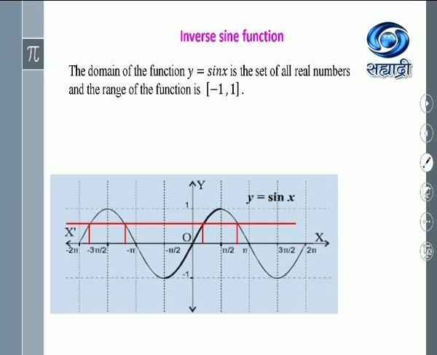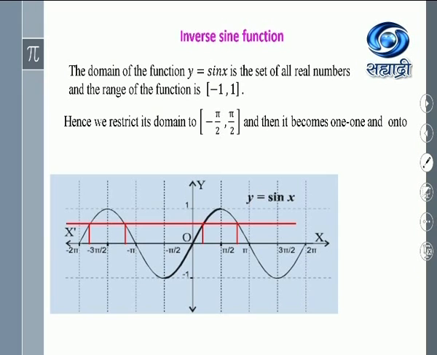So the function is a many-one function. But the important thing is, just by inspection, you see whether that horizontal line cuts the graph in more than one point. If yes, then the function is many-one. So here the sine function is many-one.